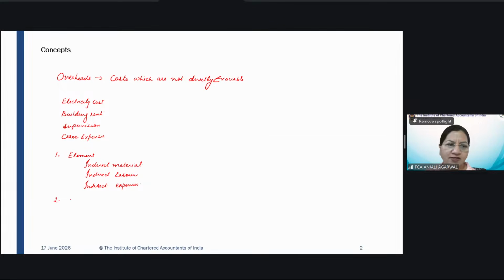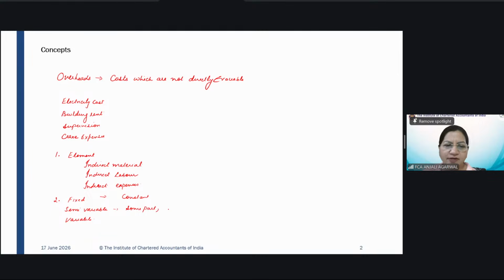Another way of classifying the overheads is whether they are fixed, semi-variable, or variable. So on the basis of the nature of the overheads, they can be classified as fixed, semi-variable, or variable. Fixed means they will remain constant. The total amount will be the same. Semi-variable means some part of it is variable and some part is fixed.